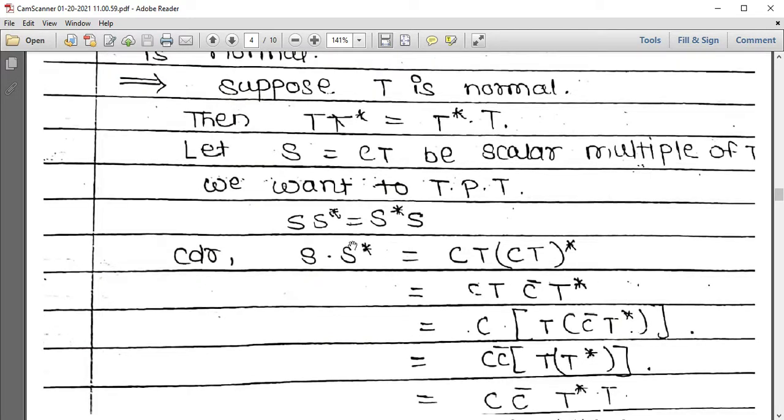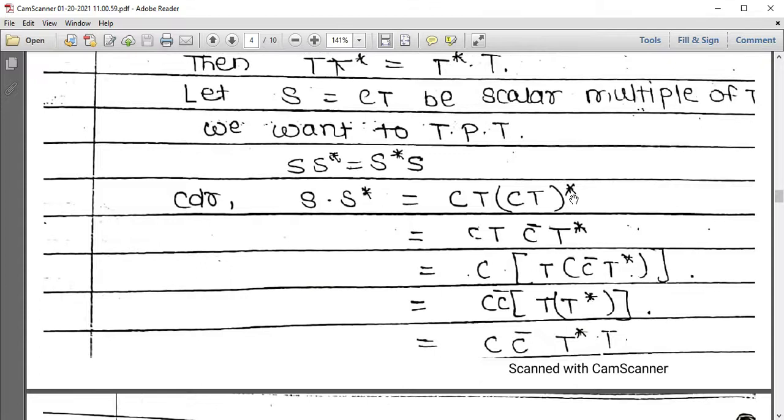For this, we consider the left hand side S S star, which is equal to, what is the value of S? C T. What is the value of S star? C T bracket star, which is equal to C bar T star.